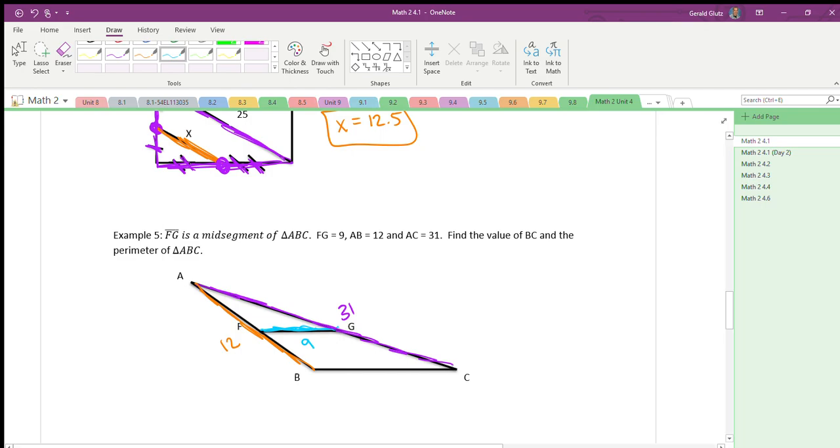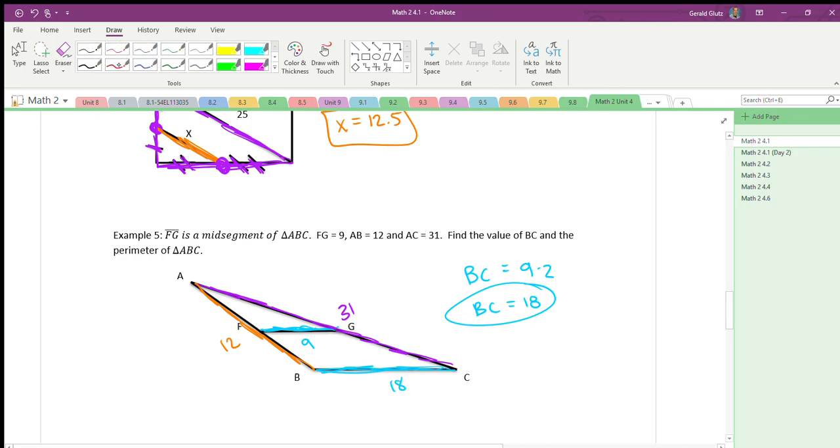If I wanted to know the length of BC, the mid-segment is 9, and that mid-segment is parallel with this other blue line. The third side is longer than the mid-segment, so I have to multiply times 2. So BC would equal 18. Then we got to find the perimeter.